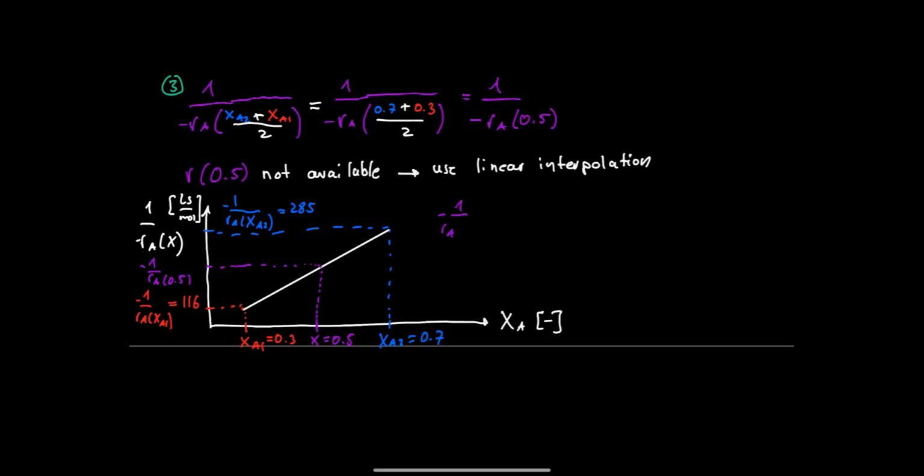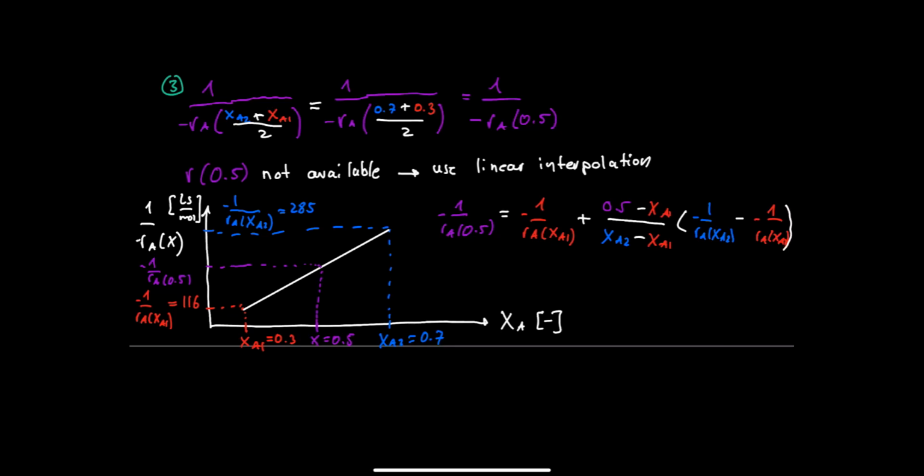Negative 1 divided by RA as a function of 0.5 is going to be equal to negative 1 divided by RA as a function of conversion A1 plus 0.5 minus the conversion A1, divided by the conversion A2 minus the conversion A1, times negative 1 divided by RA as a function of the conversion A2 minus 1 divided by RA as a function of conversion A1.